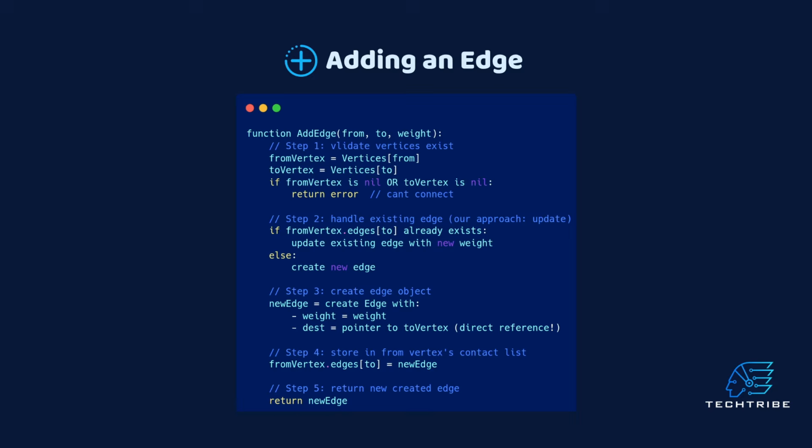So we first check if the edges on the key for the to already exist, where the to is the destination, and we then update the edge. Else, which means that it doesn't exist, we then create a new one. The third step is to create the edge object, and the fourth step is to store it in the from vertex's contact lists, which are the maps of this thing.